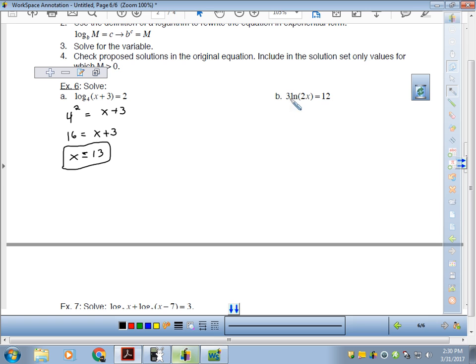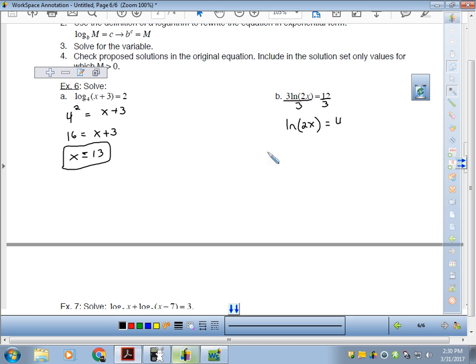Letter B, we have 3 ln of 2x equals 12. Now, this one's not ready yet to change because I still have this number in front. So the first thing I'm going to do is divide both sides by 3. So I'll say ln of 2x equals 12 divided by 3, which is 4. And now I've got it so I just have a logarithm on the left and a constant on the right.